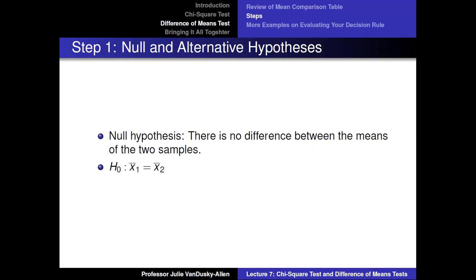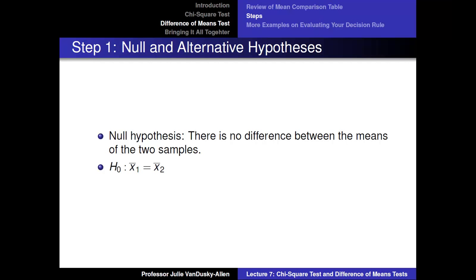Whenever we want to determine whether there is a difference in the mean of the dependent variable for two different categories of the independent variable, and use a difference in means test to do that, we begin by writing two hypotheses, a null hypothesis and an alternative hypothesis. The null hypothesis always states that there is no difference between the means of two samples.